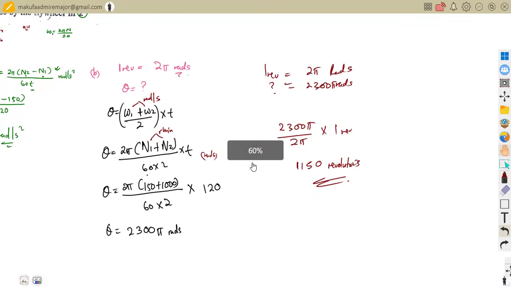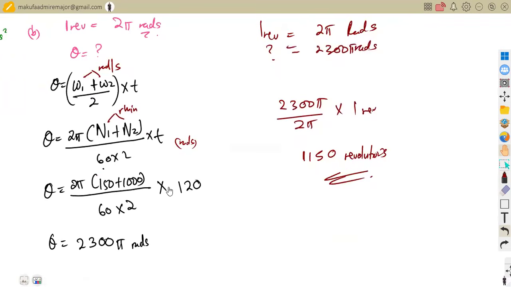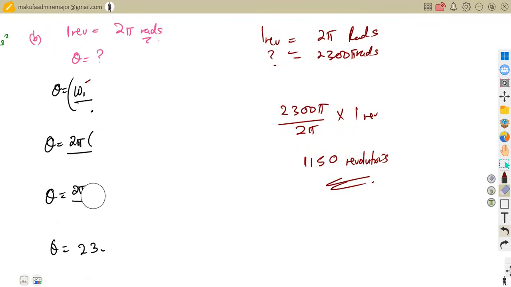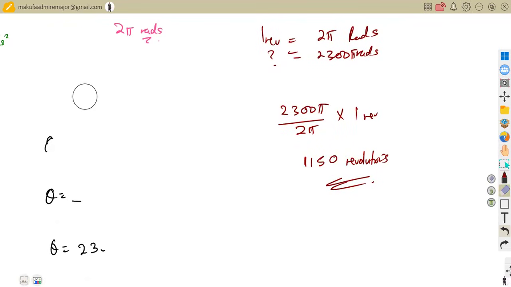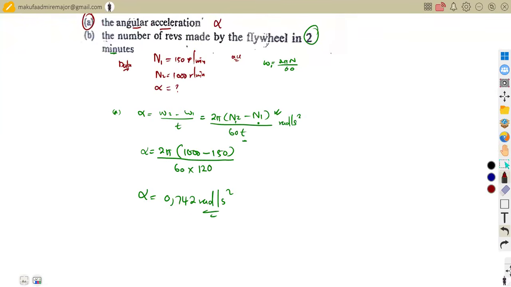We can avoid all these unnecessary calculations that happened here. Remember, what we need are revolutions. Know your answer, because I'm just going to take you back to this one. Instead of having this, we can simply go back here, and the speed we are given is in revolutions per minute.